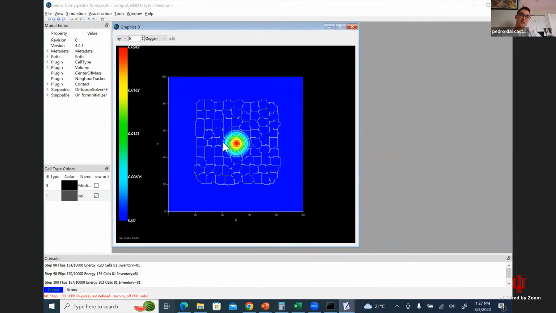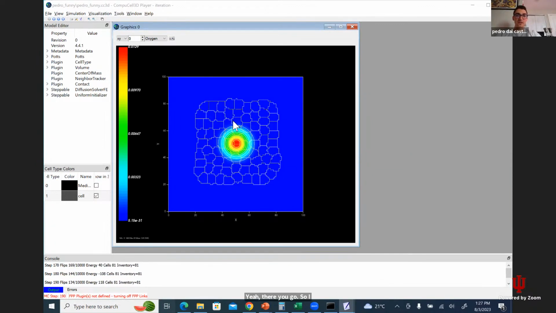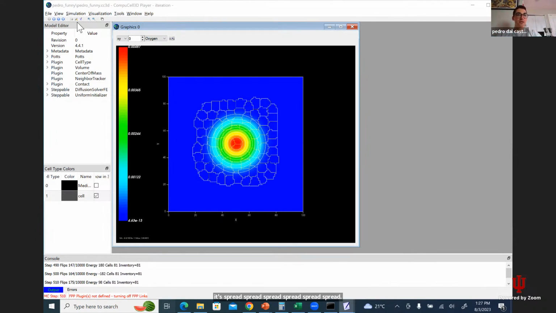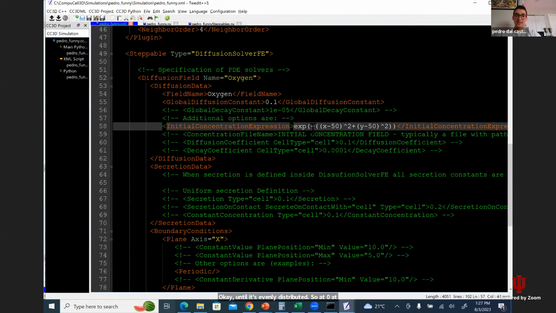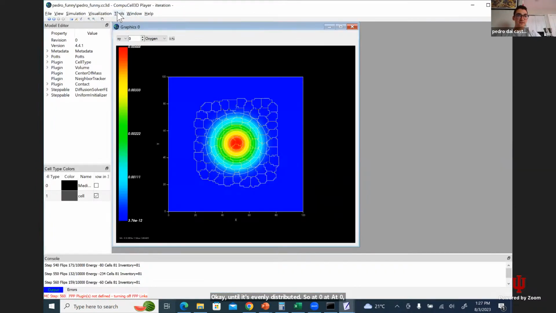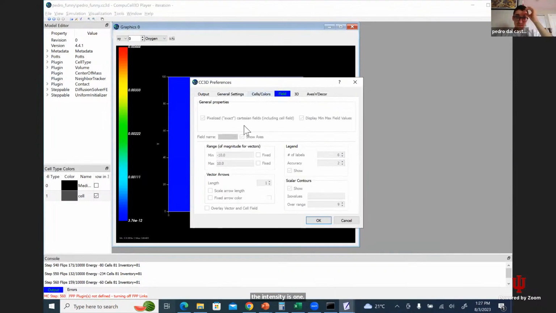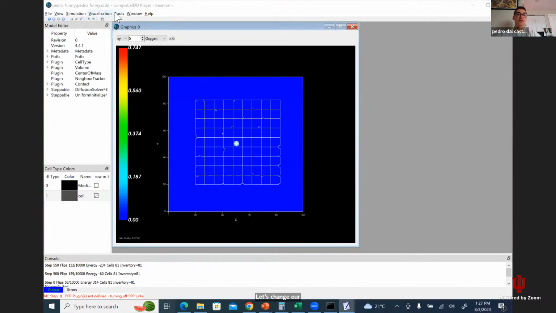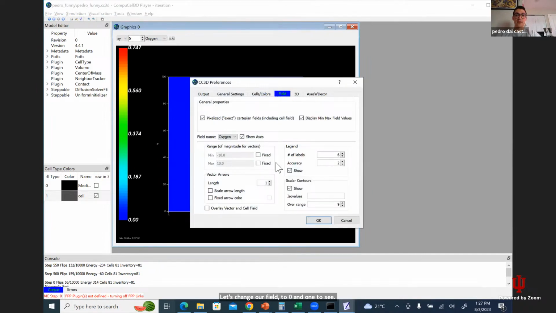Yeah, there we go. So I started with a Gaussian, and it spread, until it's evenly distributed. So at zero, the intensity is 1. So let's change our field visualization to 0 and 1 to see what is really happening here.